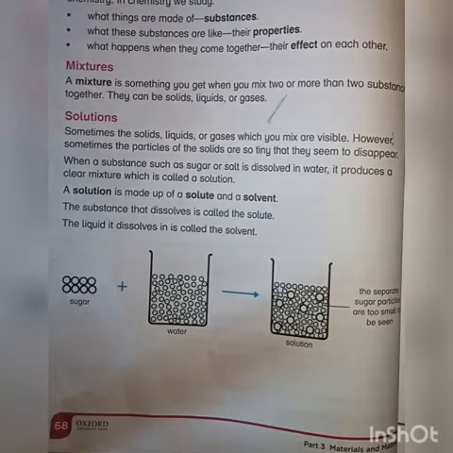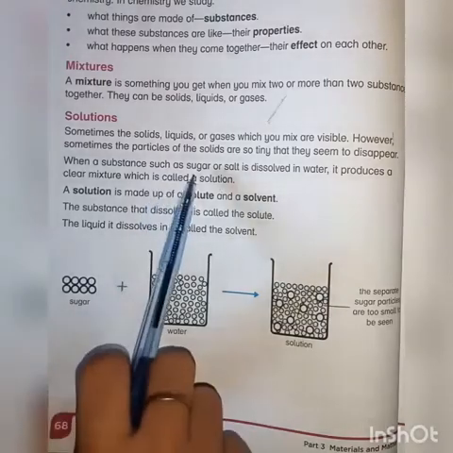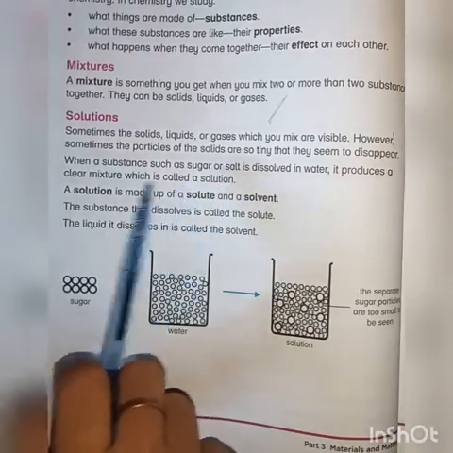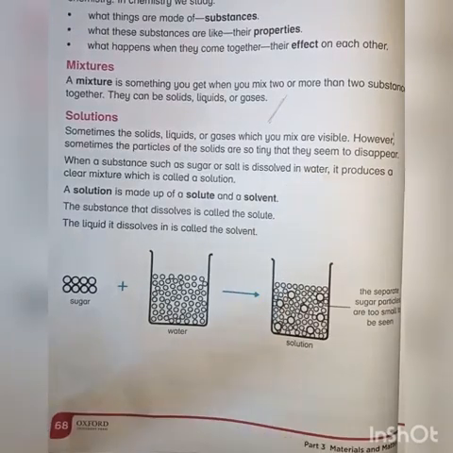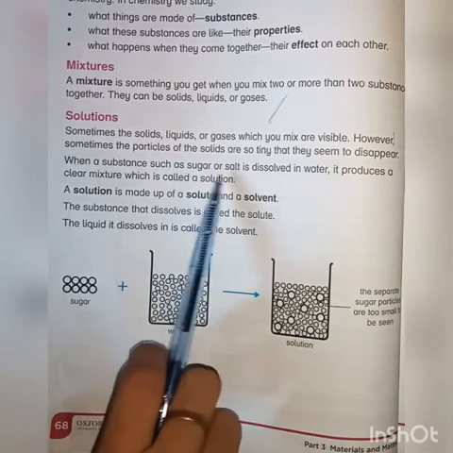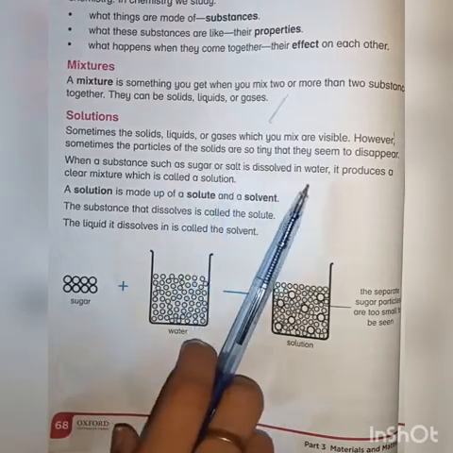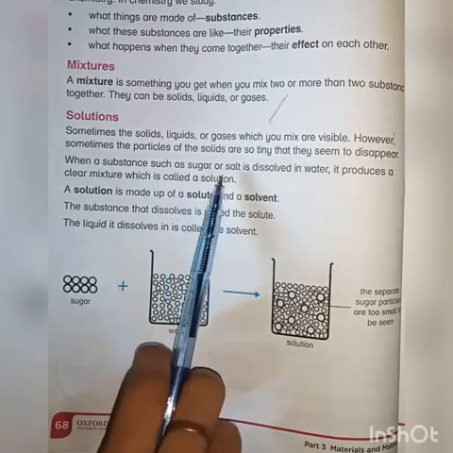When sugar or salt is dissolved in water, they produce a clear mixture that is called a solution. In this example, sugar or salt are the solute and water is the solvent. What is solute? The substance that dissolves is called solute. Here sugar or salt dissolve in water, so these are solute.